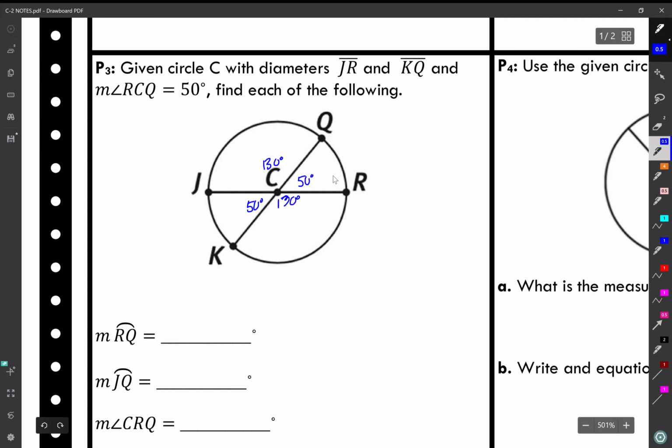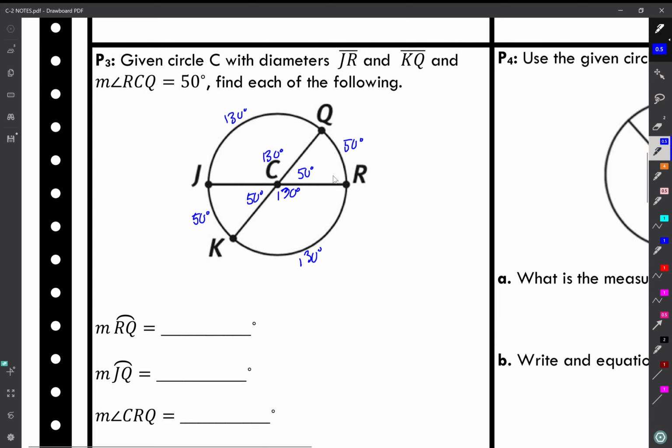These two are 50 both because they're vertical angles, and these two are 130 both because they're vertical angles, which means that all these arcs right here are 130, 130, 50, 50. Awesome.